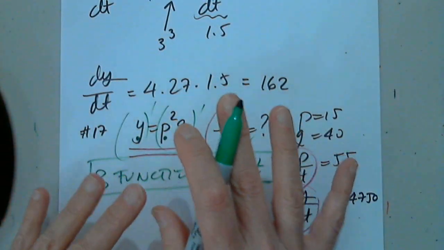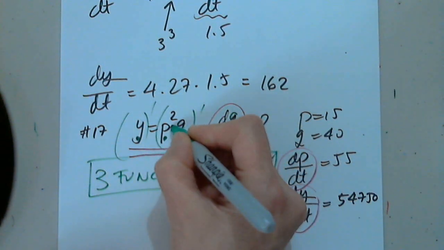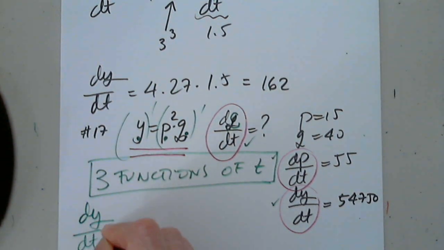Now careful, because this is a product of 2 functions. So let's differentiate the left. Is it dy over dt? That's it. That's a nice one, easy.